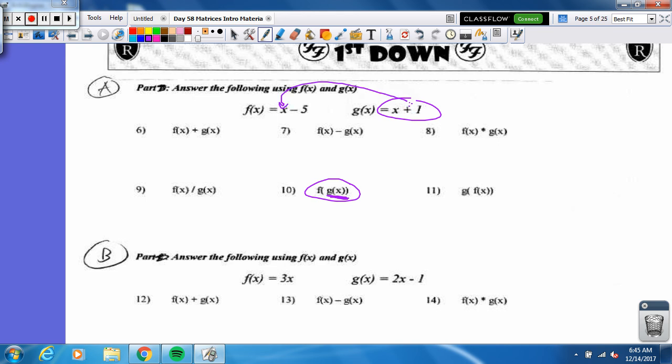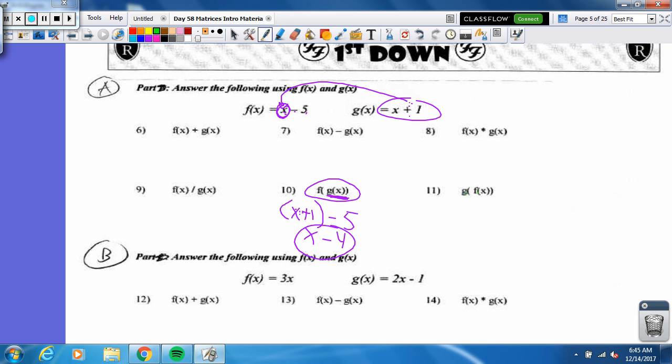So rather than x minus 5, it's going to be x plus 1 minus 5. You see how this x got plugged in x plus 1. Now we just simplify, we get x minus 4. Done.